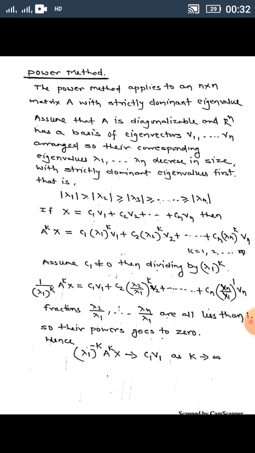So lambda 2 upon lambda 1, and the fractions up to lambda n upon lambda 1, all are less than 1. So their powers go to 0 as k tends to infinity. So lambda 1 raised to minus k A raised to k x converges to C1 V1. This is the theory. Now we see how to actually calculate the largest eigenvalue for a matrix.